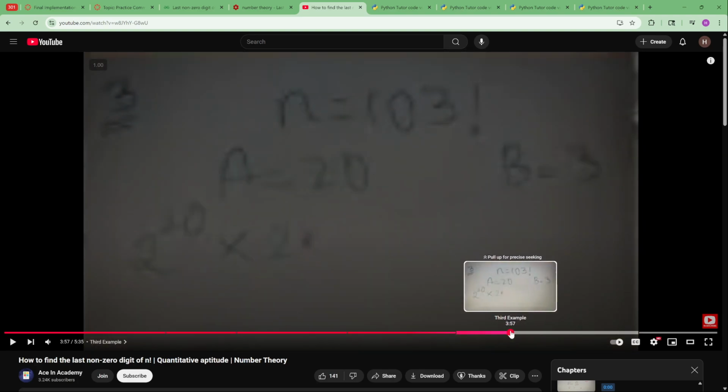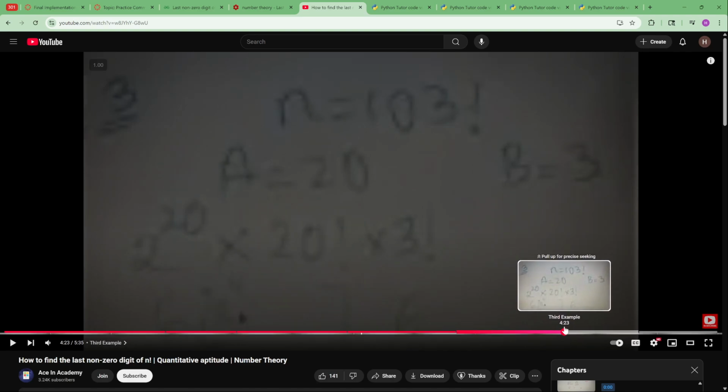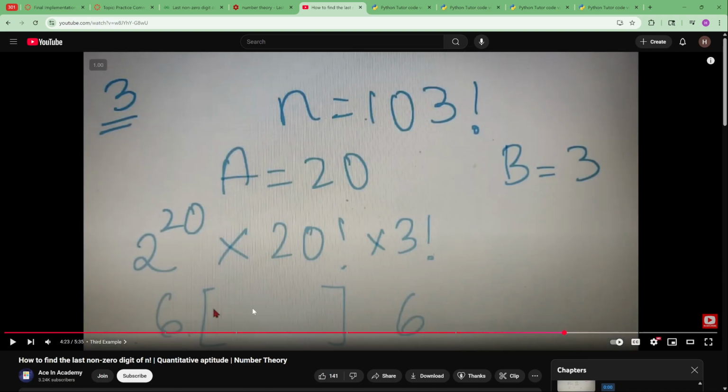And I didn't realize it, but this is supposed to be done recursively. I didn't realize it until this step where we had 20, because of 103, and 20 factorial would be so big that it should go back into the function, so then we could calculate it more easily.